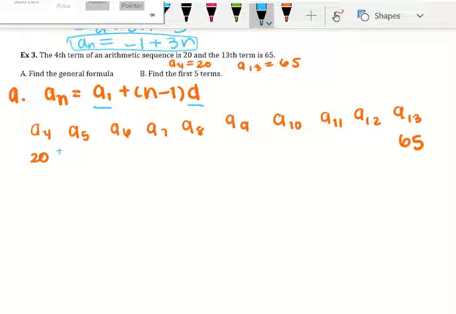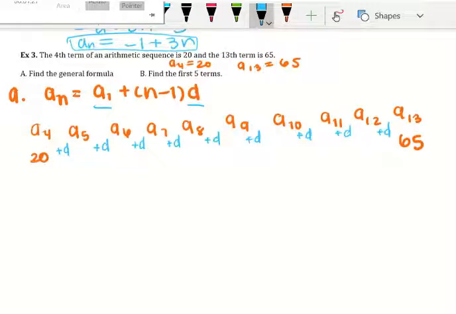So you have to add d to a4 to get a5. Then you would do the same thing: a5, you have to add d to get a6, and similarly, until lastly, a12, you add d to get a13.